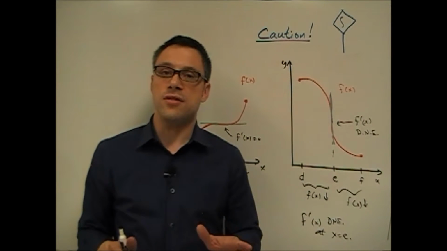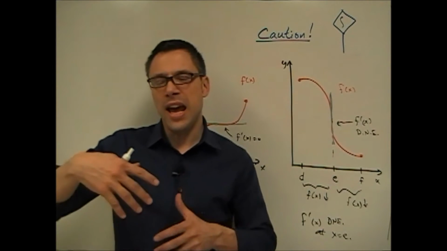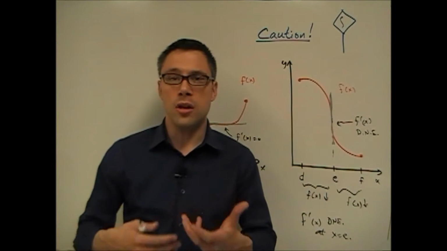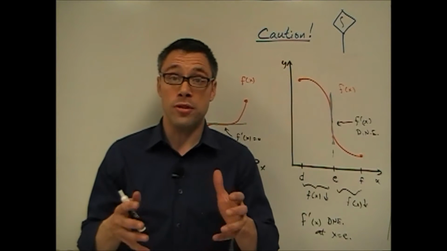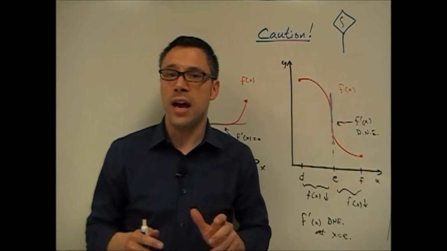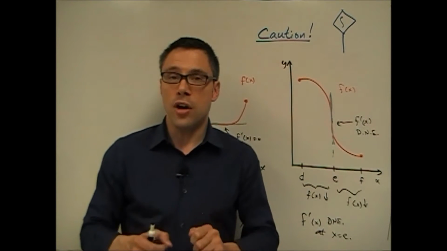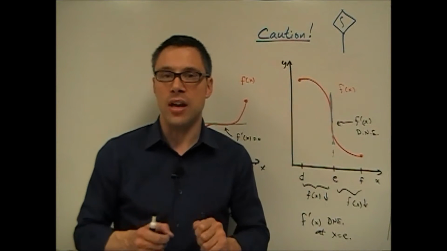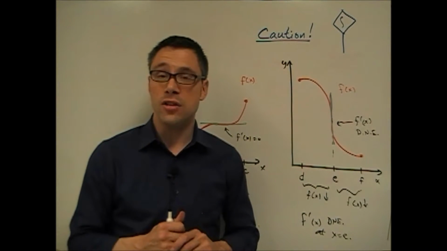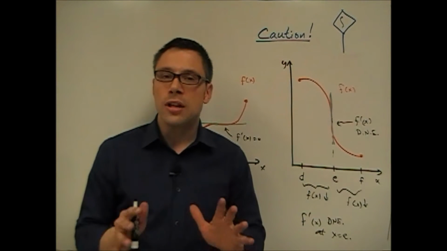So the key here is that even though we've seen that the geometry of the tangent line has something to do with where the function might be increasing and decreasing, or in particular where it's transitioning, it does not guarantee that because we found a critical value of the function, the function actually transitions at that value. So that's the caution here. We can look for critical values of the function. That's a starting place to look for transition points, but we still have to check.